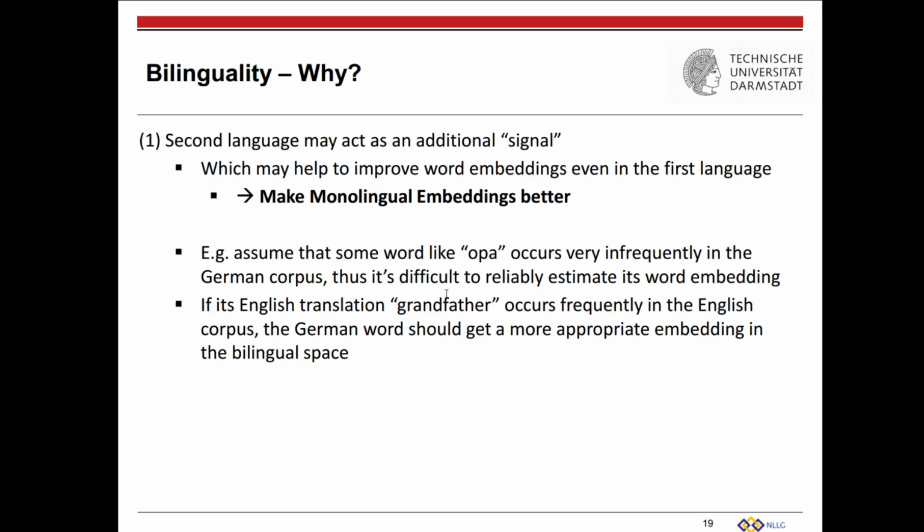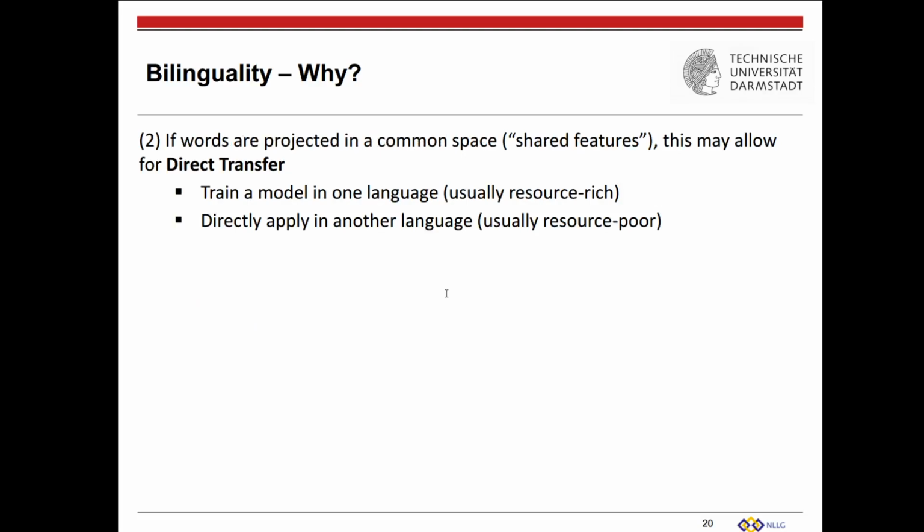defend bilingual vector spaces. Now, a second one is to perform something that has previously been called direct transfer, and that would probably today be called zero-shot learning or zero-shot transfer. And what is that? The idea is, if the words are in a common space, so you have shared features, so each word has an embedding, and this embedding can be considered a feature representation of the word.